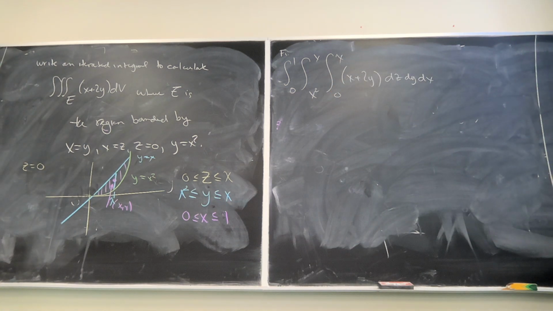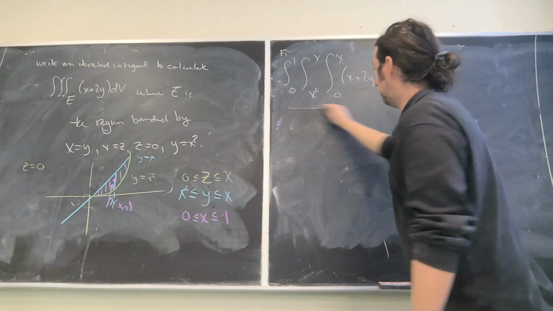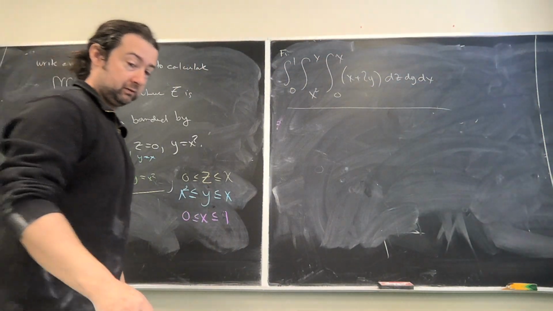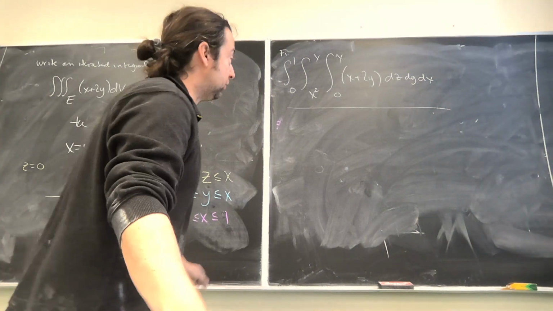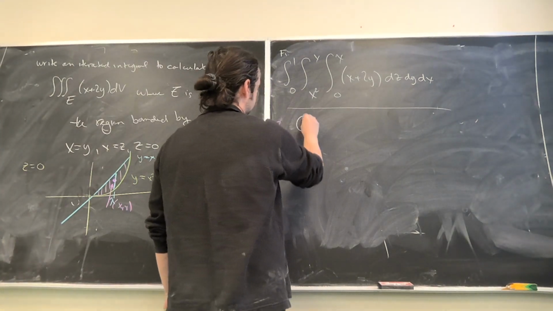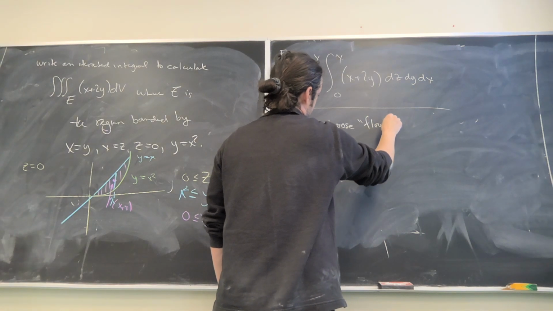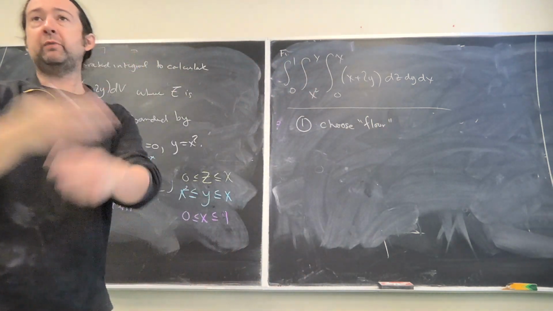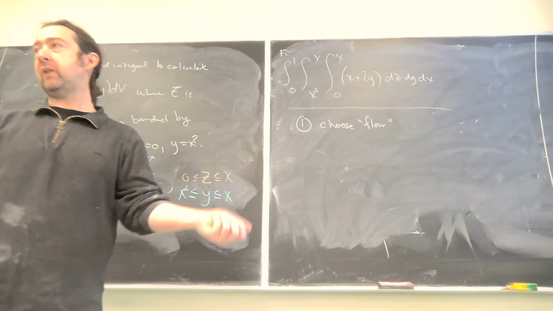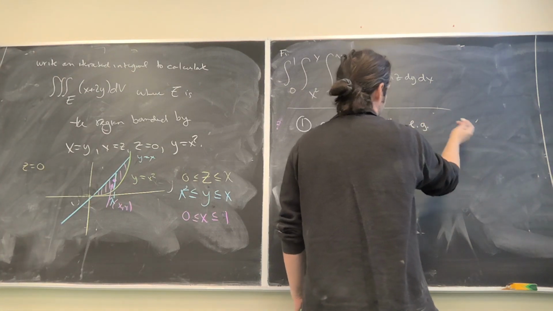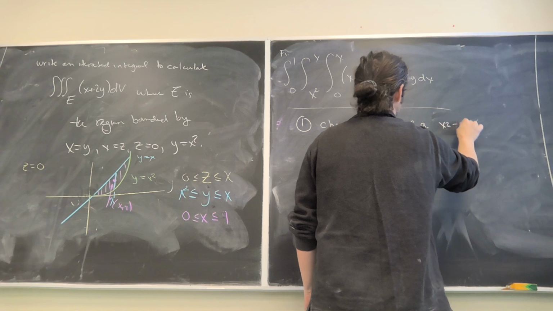So generally when we do these problems, you want sort of a top-level view of how to do this. The general approach boils down to step 1: you have to choose a floor, which would be one of the planes, xy, xz, or yz. So, for example, we could have picked the xz plane.